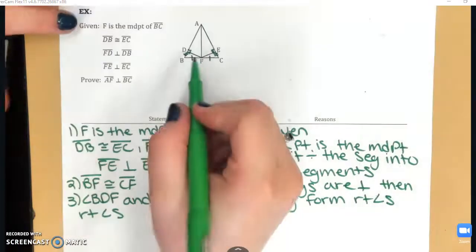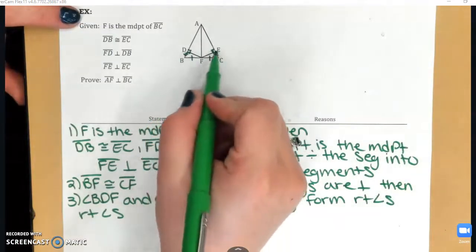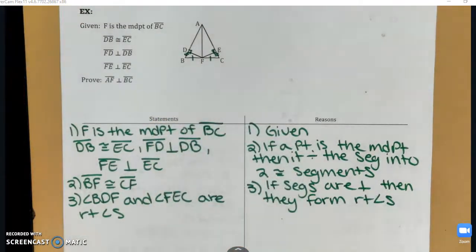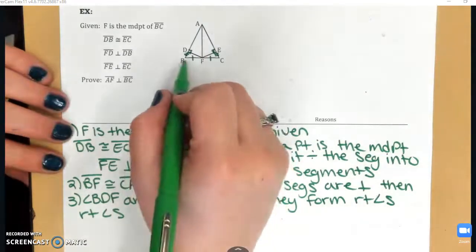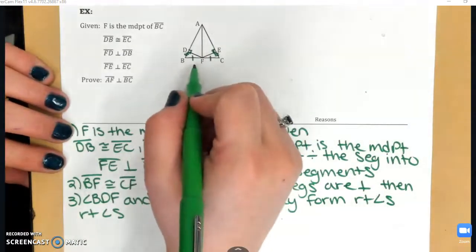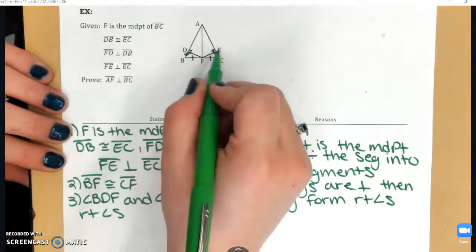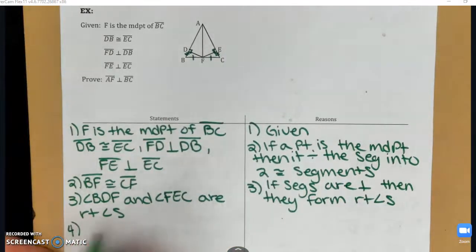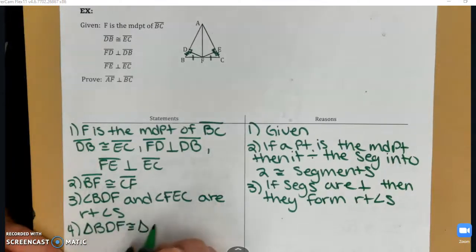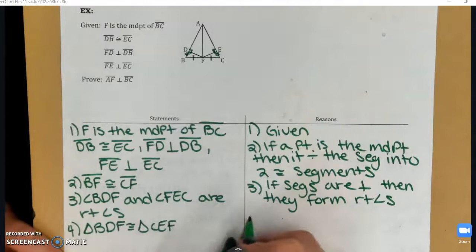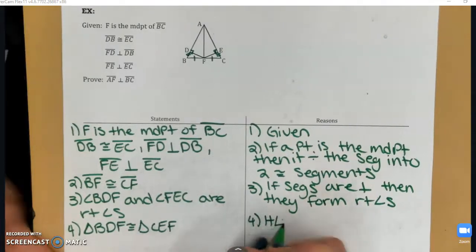So what I have here is that DBF and ECF, I know they're tiny, but those are actually right triangles, and their hypotenuse, BF and CF, are congruent, and their legs, DB and EC, are congruent. So I actually do have congruent triangles because of HL, I apologize, hypotenuse leg. So triangle BDF is congruent to triangle CEF because of hypotenuse leg.